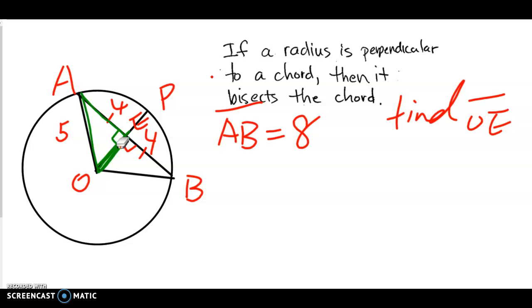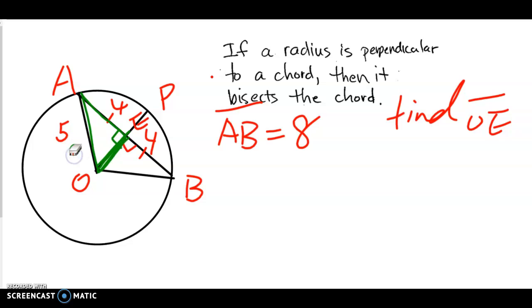Perpendicular means 90-degree right angle. And once you have a right angle, the first thing you have to come up with is the Pythagorean theorem.